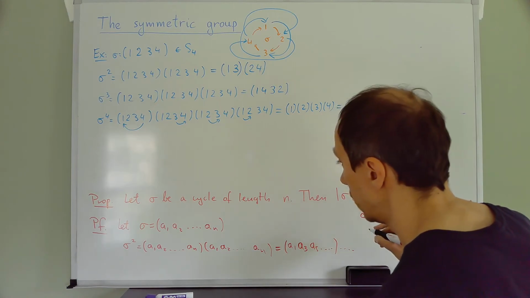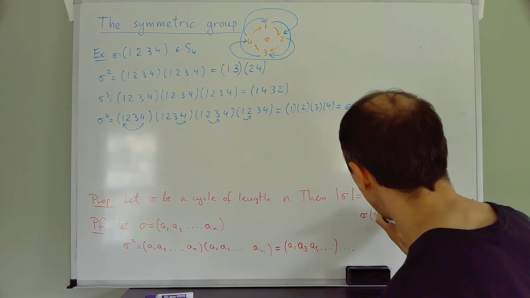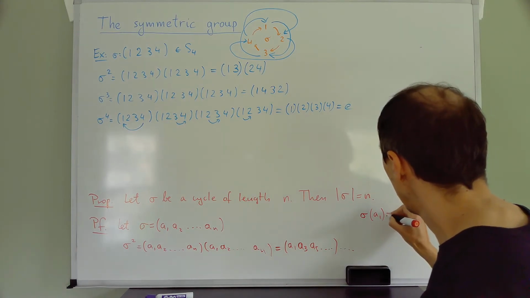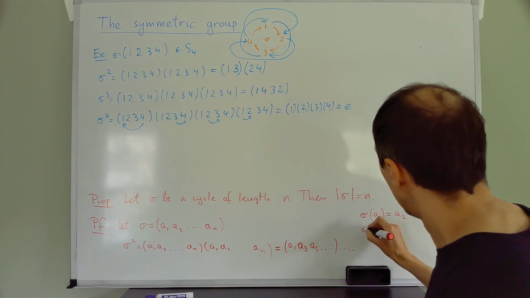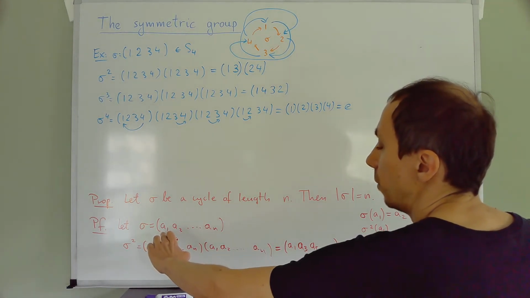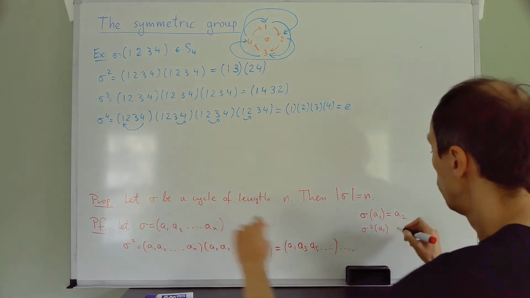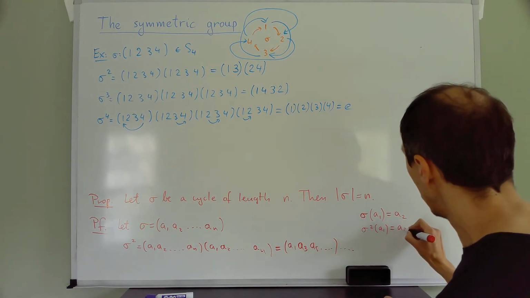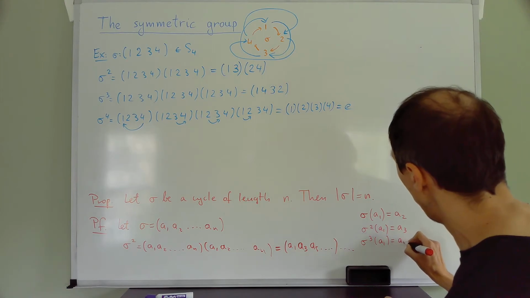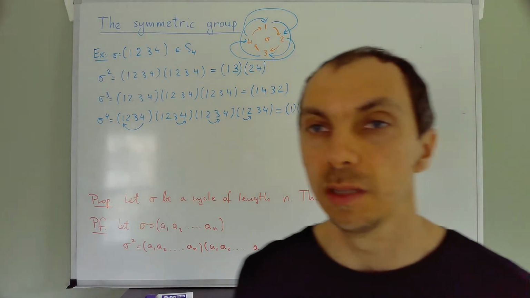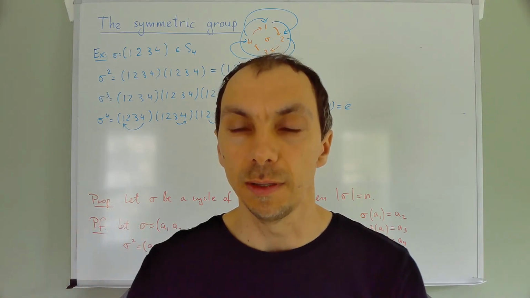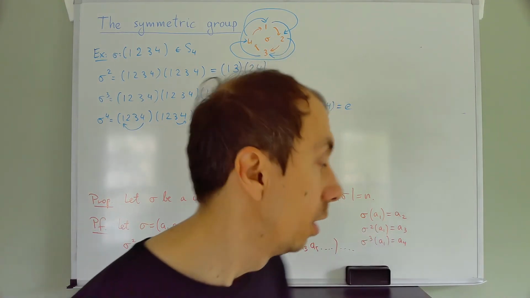So, in particular, applying sigma n times, let's look at what happens to a random element. Let's see what happens to a1, that's sort of the easiest thing to understand. So sigma of a1 is a2. Sigma squared of a1: sigma moves a1 to a2, and then a2 gets mapped to a3, so that's a3. Sigma cubed of a1 is going to be a4, because sigma maps a1 to a2, then a2 to a3, and then a3 to a4.